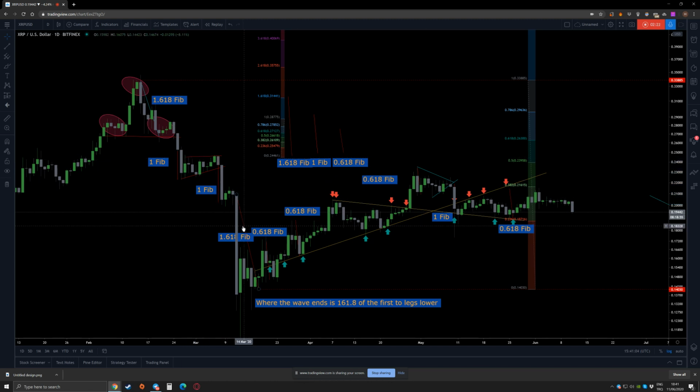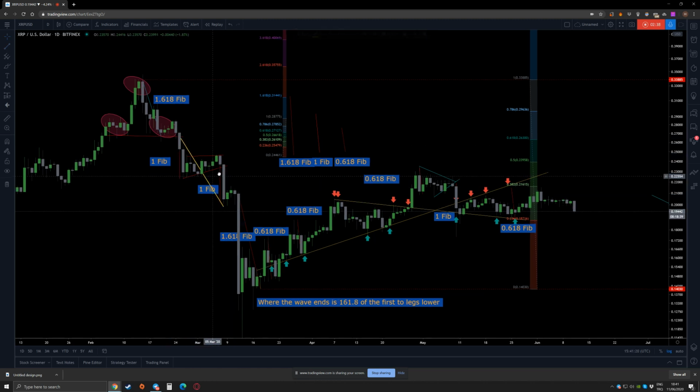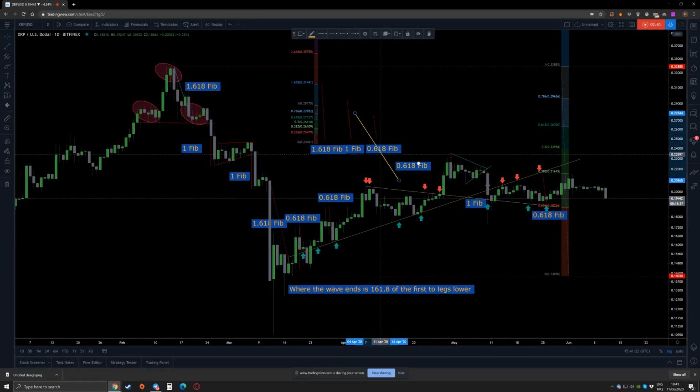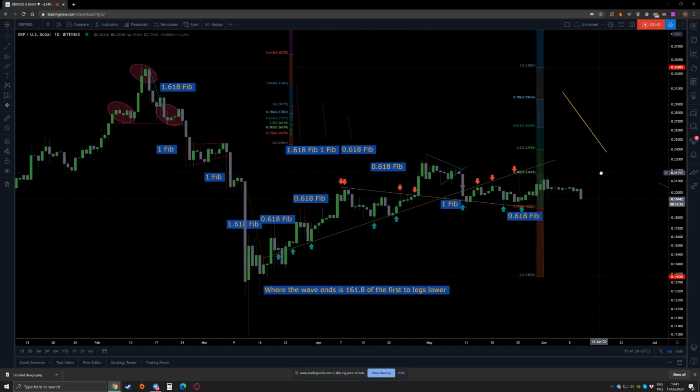Also, this is 161.8 of the first two legs. What I mean is this. I took this length and drew a fib here.